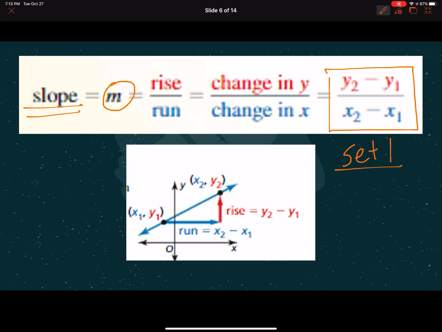So if I have set 1, and let's say I had the ordered pair 0, 2, and I had another ordered pair I could refer to as set 2, that would allow me to identify which sets and values for x and y that I'm going to subtract. So it's just for identification purposes.